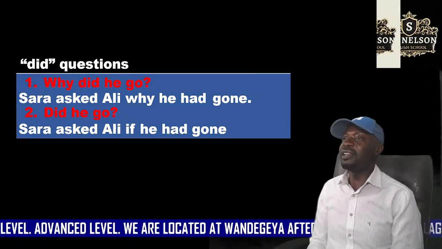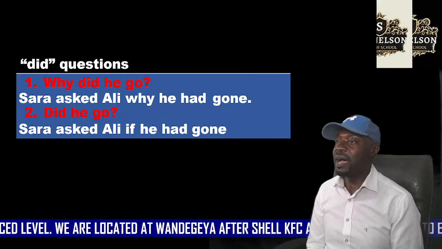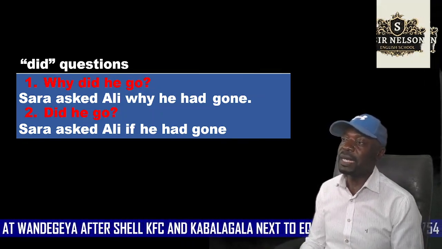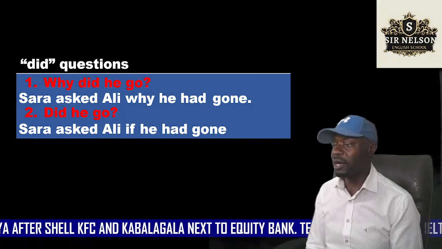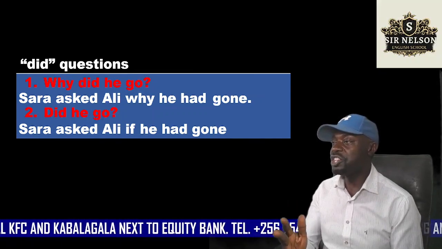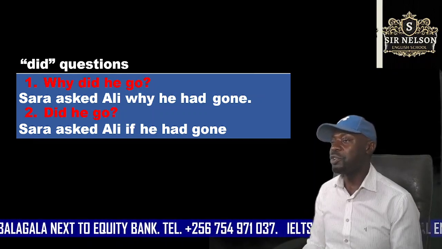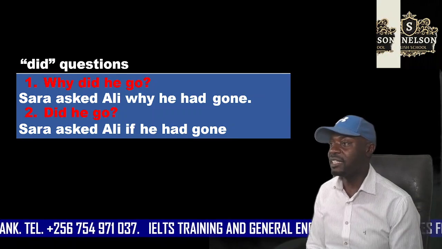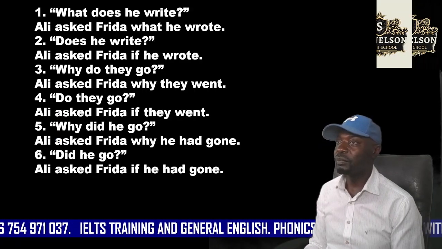Did, on the other hand, the main verb changes to the past participle. The past participle of go is gone. Because of gone, did changes to had.